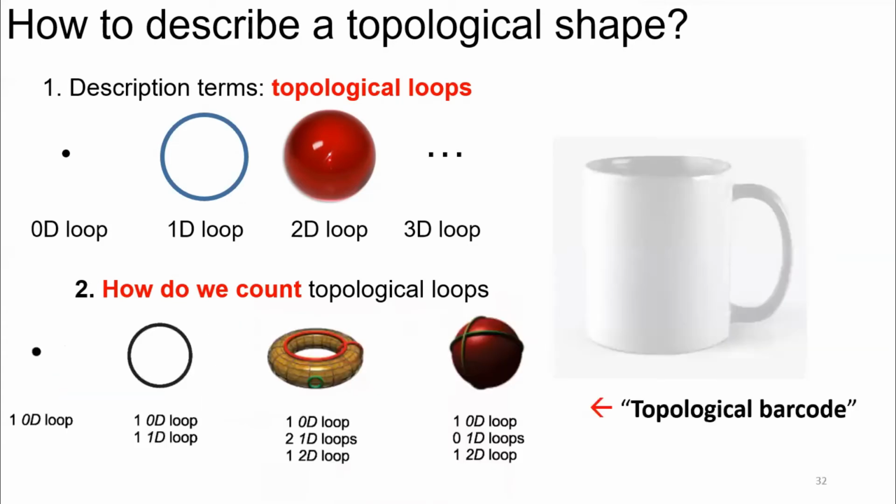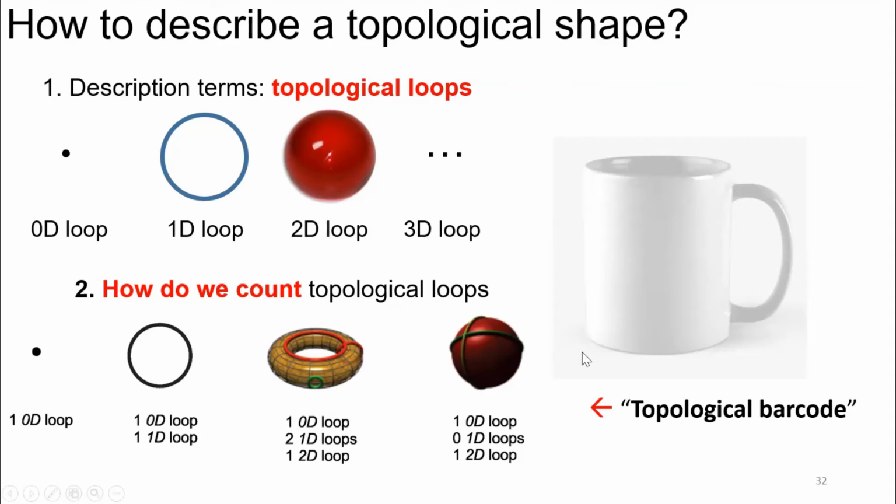So the list of loops that I can identify on a given shape is a very crude characteristic of a shape, but on the other hand, it's enough for us to identify the kind of shapes that we're going to deal with. It's a very crude description of a space, of a manifold or simplicial complex, just a list of loops in different dimensions.